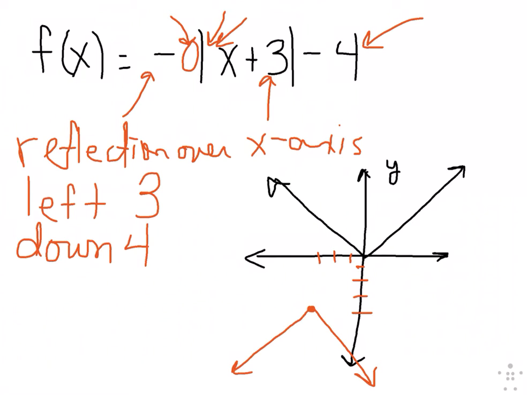So if you notice what I did, I used the transformations to create my picture without having to put it in a calculator and without having to plot ordered pairs. Again, have you ever seen when you put a picture into a Word document and you want to move it to a different spot, the hand tool comes up and you grab it, and then you can move it around and then drop it?